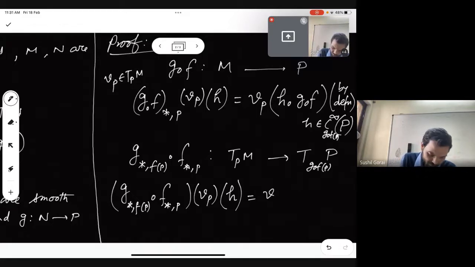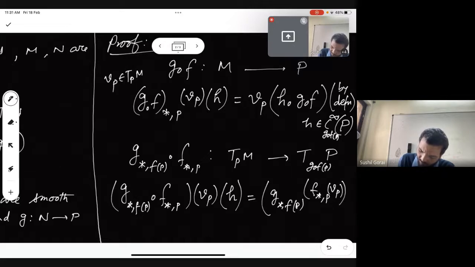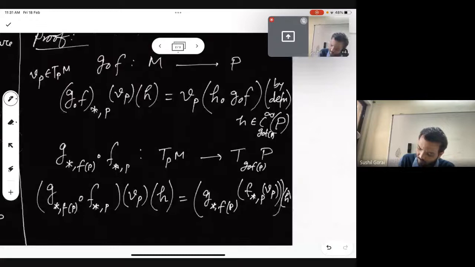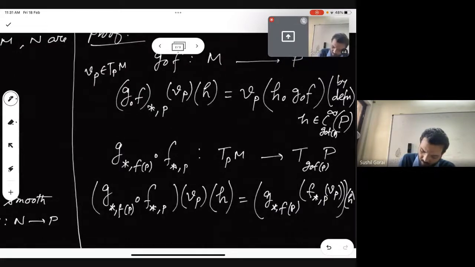Oh well, what would this give you first? This is G star at F(P) of F star at P of V_P, right? This whole thing acting on some function H. Now what is this?